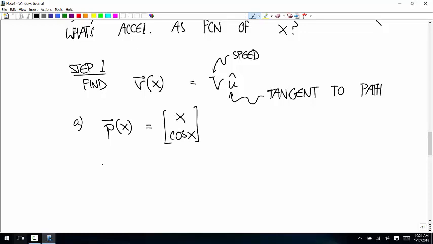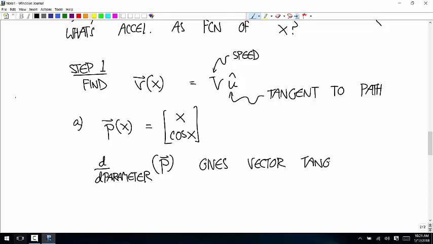So the derivative with respect to the parameter of the position vector gives a vector tangent to that path in the direction of increasing parameter.